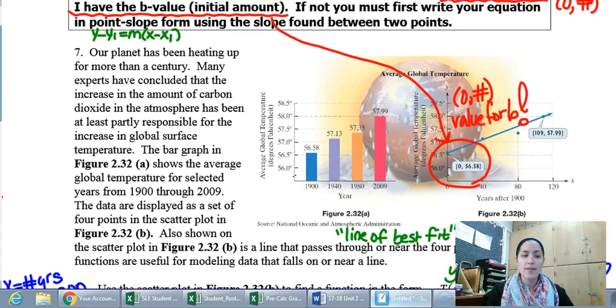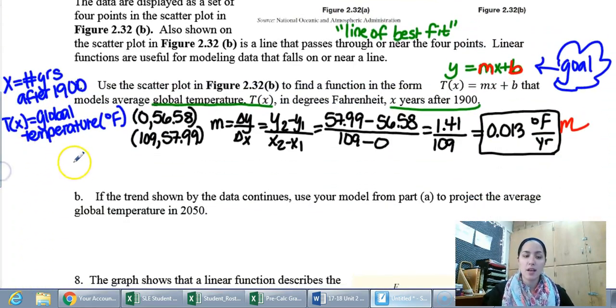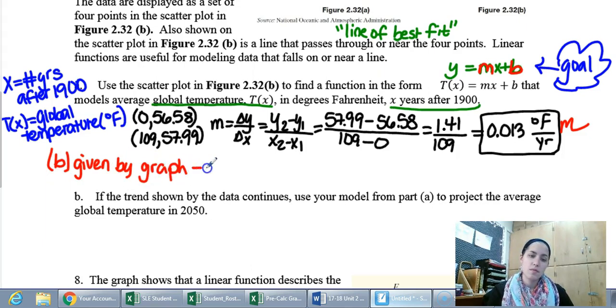So I actually don't have to do any work. I'm going to come down here and say b, given by graph, $56.58, which is great. So there's b.